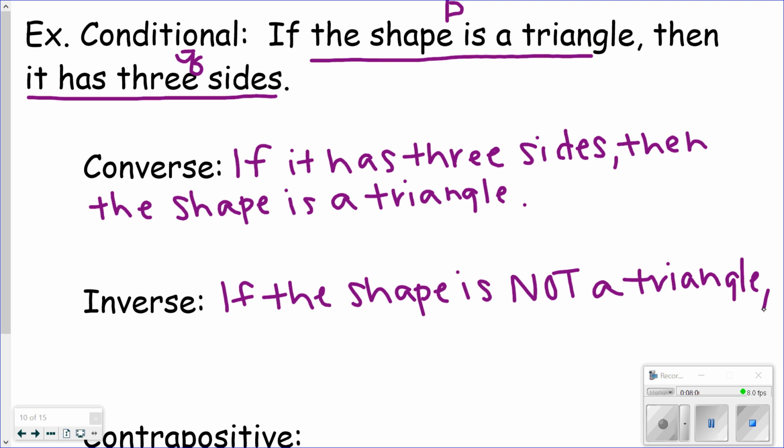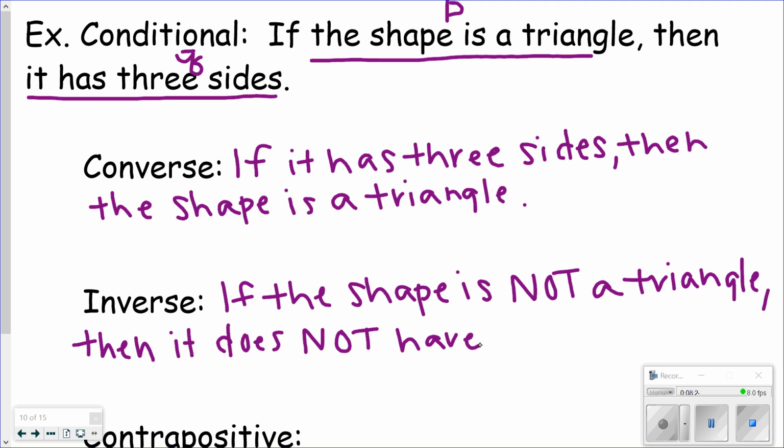Now I need to look at the second part of my conditional statement, and I'm going to negate that. So then it has 3 sides. Negating that would be then it does not have 3 sides. And I'm going to write that down now. So then it does not have 3 sides.